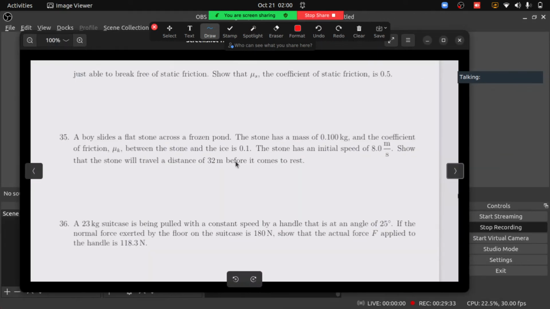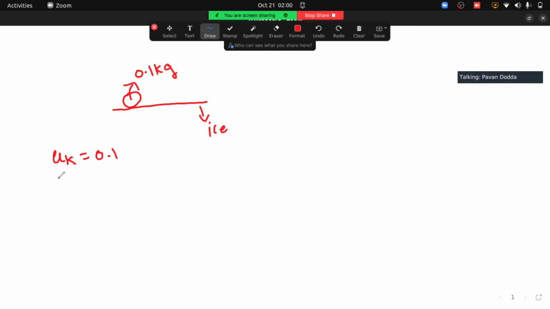Now tell me, what's the kinetic frictional force? The coefficient of kinetic friction is 0.1. What's the force then, Fk? We just discussed how to find the force due to friction. The formula is mu times mass times g.